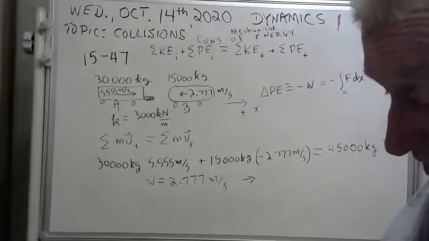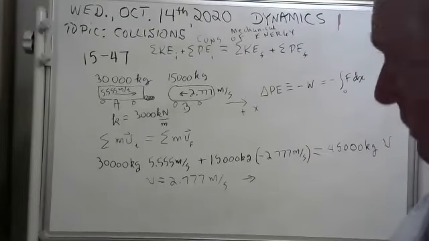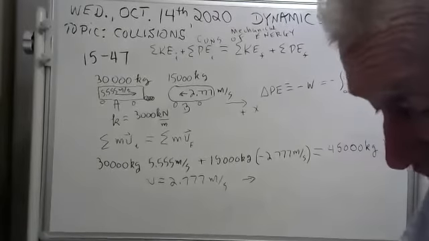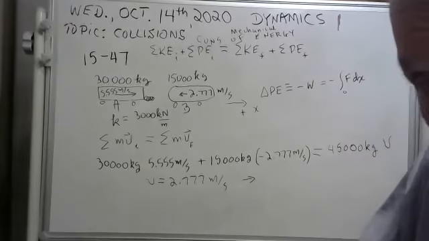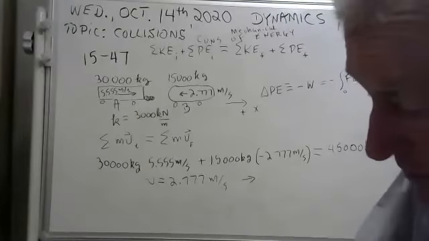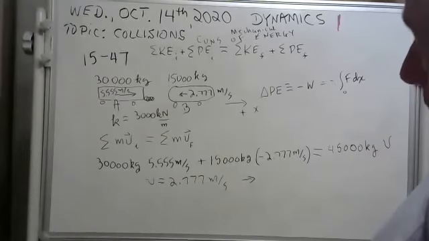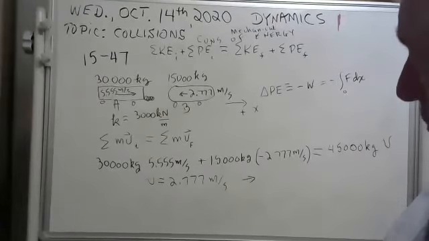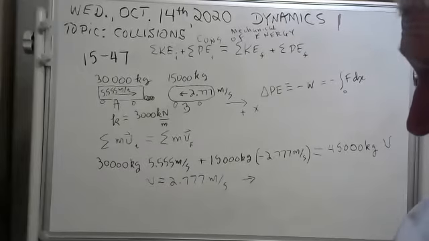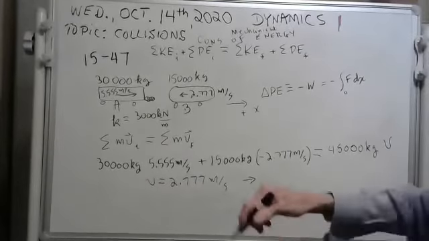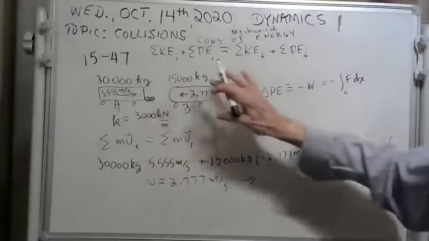And this is neglecting those. If you wanted a true conservation of energy equation, they call that the first law of thermodynamics. But we get to use this here because we're neglecting any temperature effects. Okay, well, let's plug in the numbers.